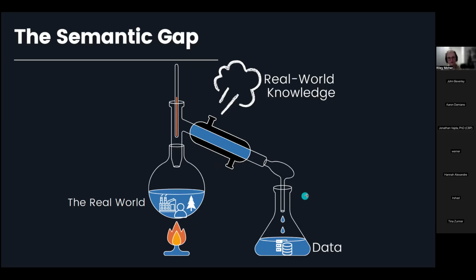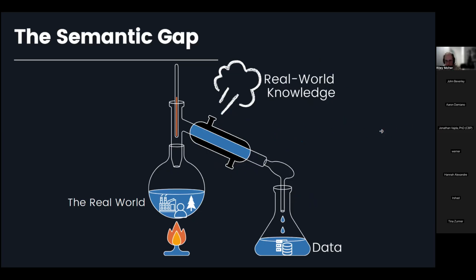But of course, we have a lot of leakage here of knowledge of the real world being lost. And as data scientists, analysts, ontologists, we're faced with a lot of issues of reconciling this and dealing with this process.